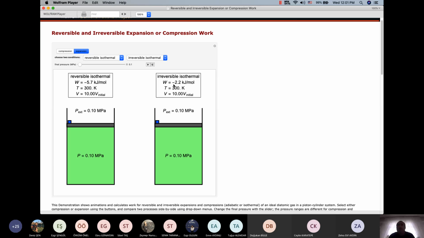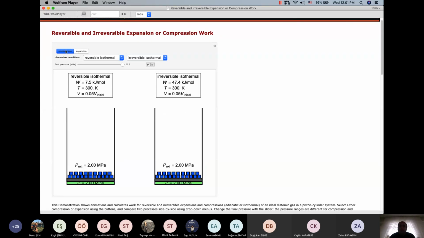For the irreversible process, I ended up with minus 0.2 kilojoule per mole, whereas in the reversible process, I ended up with minus 5.7 kilojoule per mole. Okay, so the final cases are all the same, but for the reversible process, I actually lost more work. For the compression, it's almost the same.